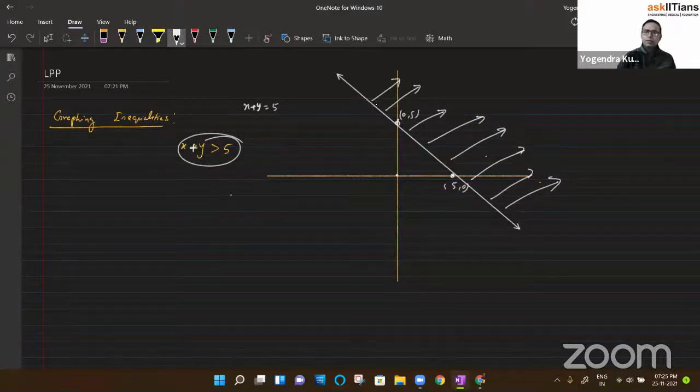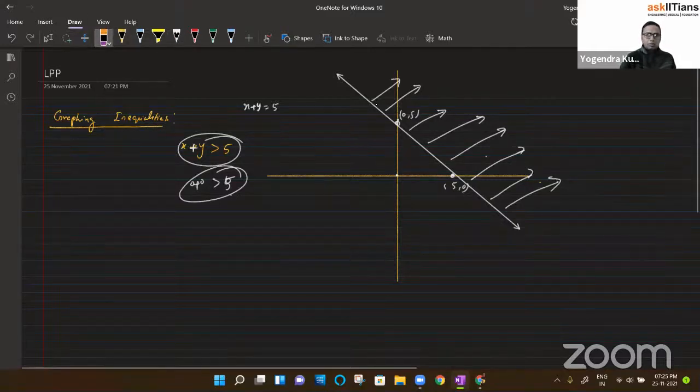Don't shade it fully, because it sometimes becomes complicated to read. I know you need to do objective questions only. When we put 0, 0, what we get is 0 greater than 5, which is false. 0 is not greater than 5, so this side we should not shade, we should shade the other side. Exactly. And guys, it is always better to give just one arrow mark.